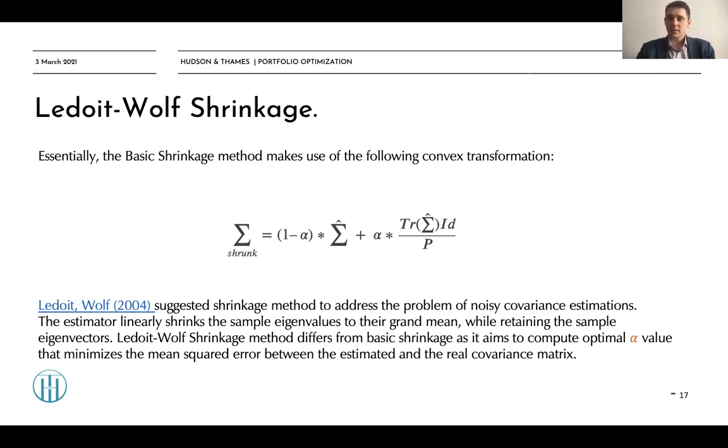On this slide, you can see the basic shrinkage method, and Ledoit-Wolf suggested a shrinkage method to address the problem of noisy covariance estimations. The estimator linearly shrinks the sample eigenvalues to the grand mean while retaining the sample eigenvectors. Ledoit-Wolf shrinkage differs from basic shrinkage as it aims to compute the optimal alpha value that minimizes the mean squared error between the estimated and the real covariance matrix.